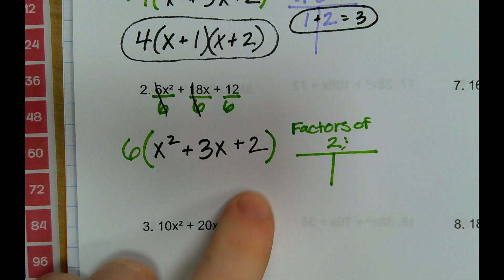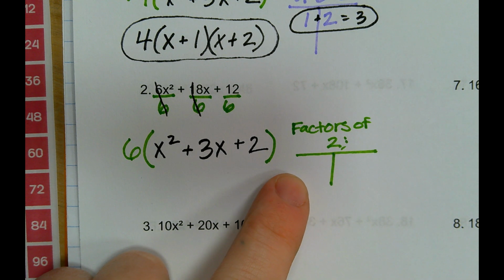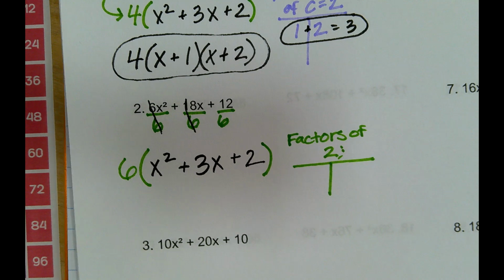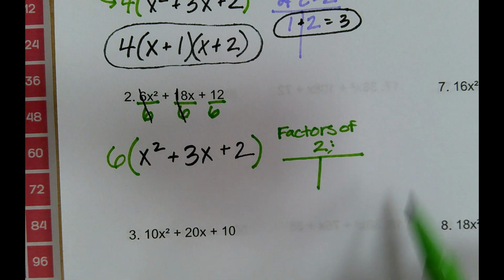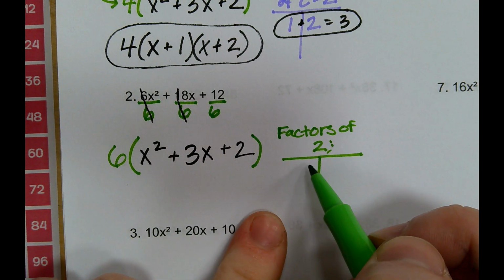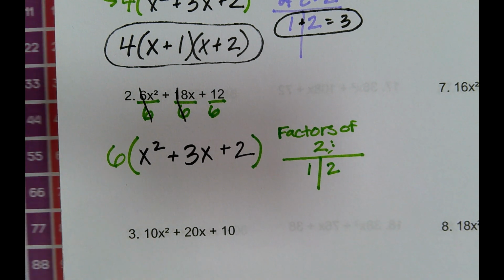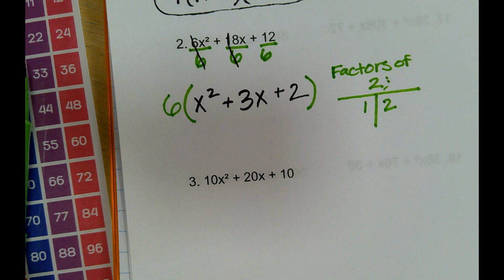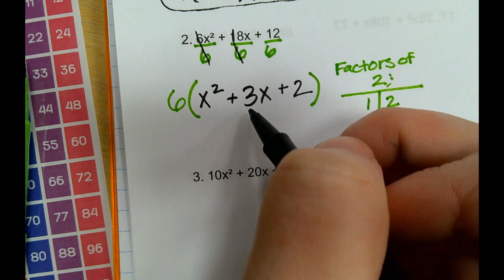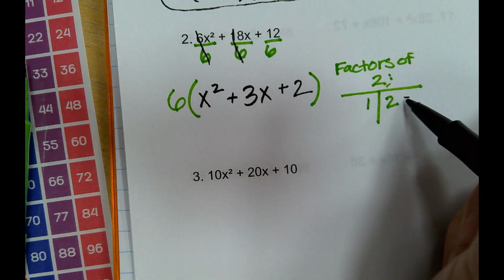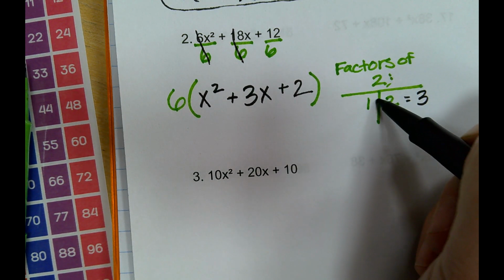So I'm trying to be really intentional about showing everybody what this means. You could just write 2 and make a T-chart. We know 1 times 2 makes 2, or 2 times 1. Either one works. Let's make sure it adds up to B. Our B is 3. 1 plus 2 is 3. So we're in great shape.